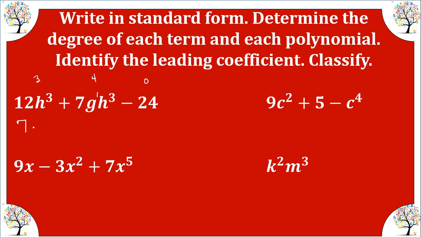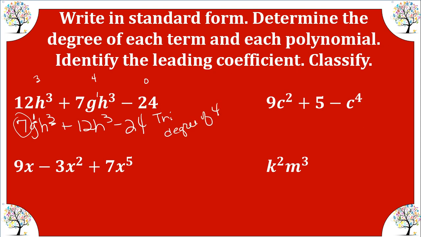So to put it in standard form, we're going to rewrite it this way. And the leading coefficient is 7. And this is a trinomial with a degree of 4, because we have to combine this and this. So a degree of 4.